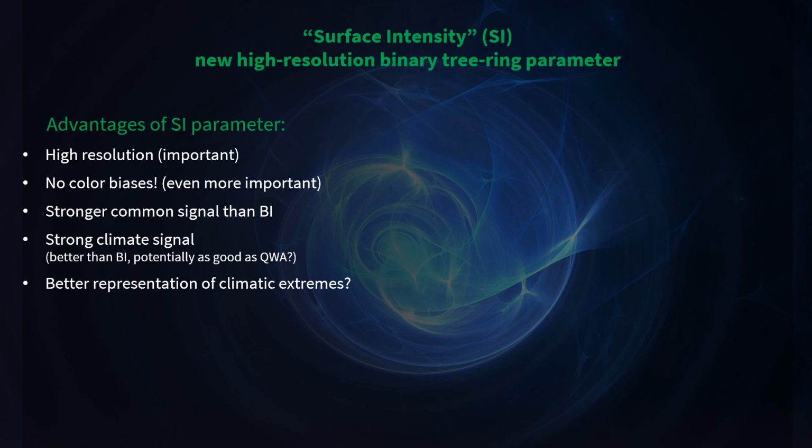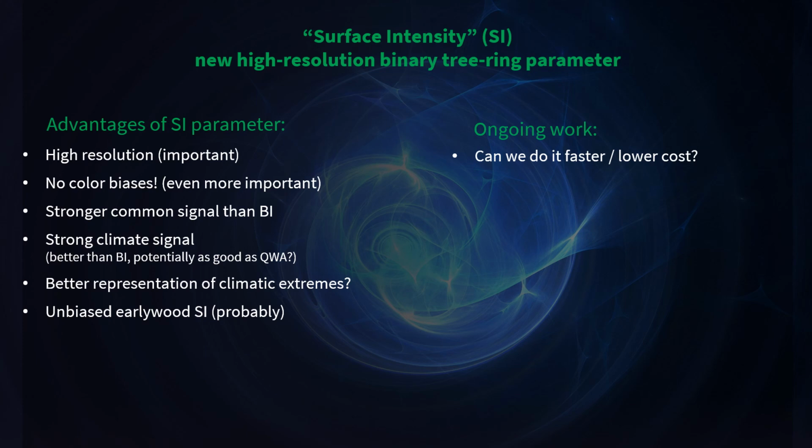It should also offer us the option to better represent climatic extremes, particularly negative extremes, and perhaps even offer an unbiased version of the density of the earlywood, or the surface intensity version of that, which cannot really be achieved with earlywood blue intensity, which cannot be corrected for color-related issues in the same way that latewood blue intensity can.